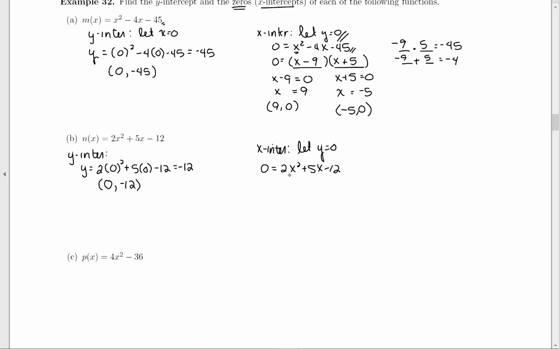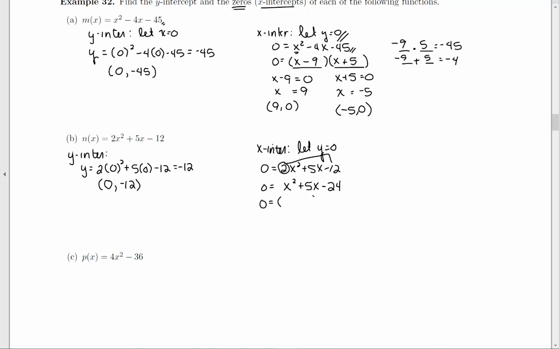Our a is 2. So I'm going to go back and do a little of the factoring that I showed earlier. I'm going to multiply 2 times negative 12. Bring down the x squared, bring down the 5x. 2 times negative 12, negative 24. I'm going to remember, though, that I multiplied by 2, so eventually I'm going to have to divide off by 2 to balance it out.